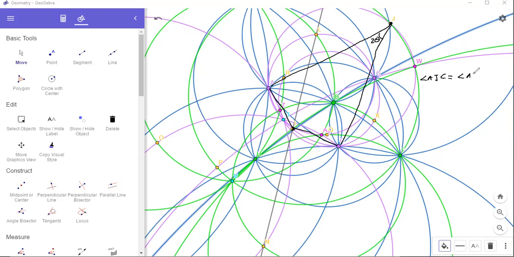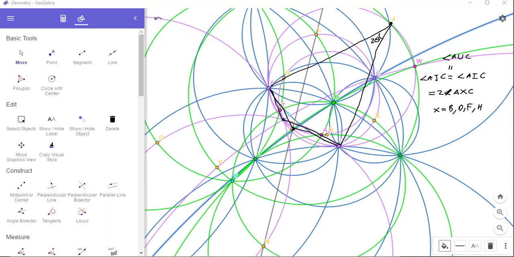AJC, which was equal to AIC, which is 2 times AXC, where X can be any of the green points. So it can be B, D, F, and H. So the point is that since U lies on that particular circle, we get that this is also equal to AUC.